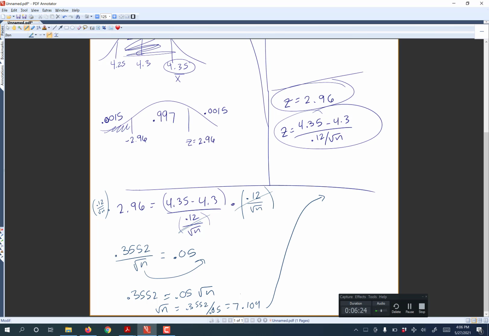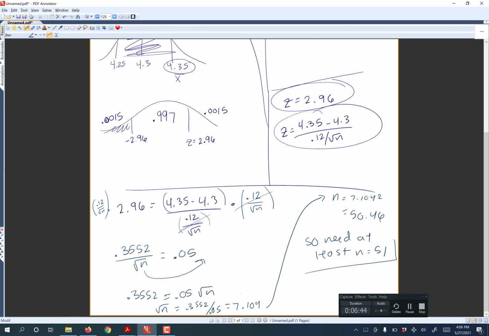So coming up here, we'd square both sides, so n is going to be 7.104 squared. And we get 50.46. So we need at least n equals 51, because you can't have part of a sheet in this scenario.